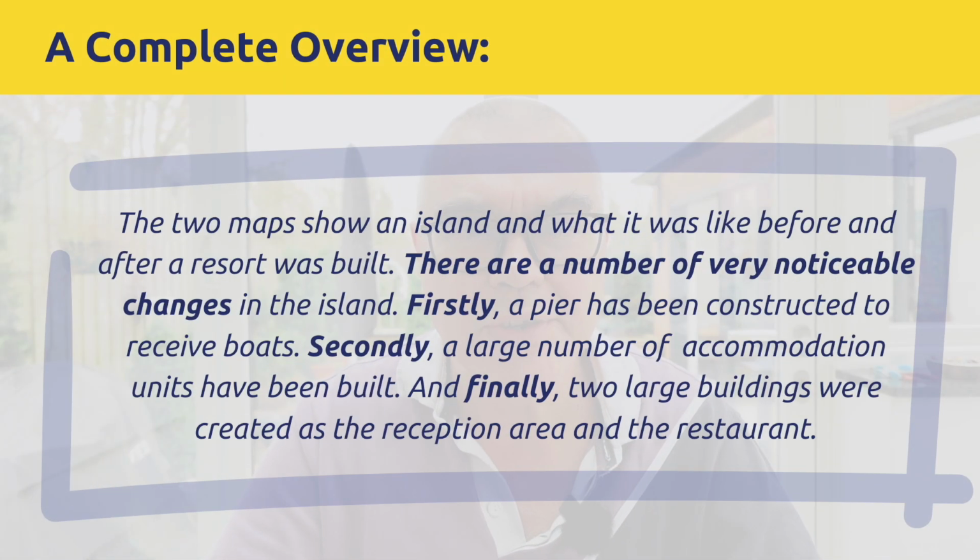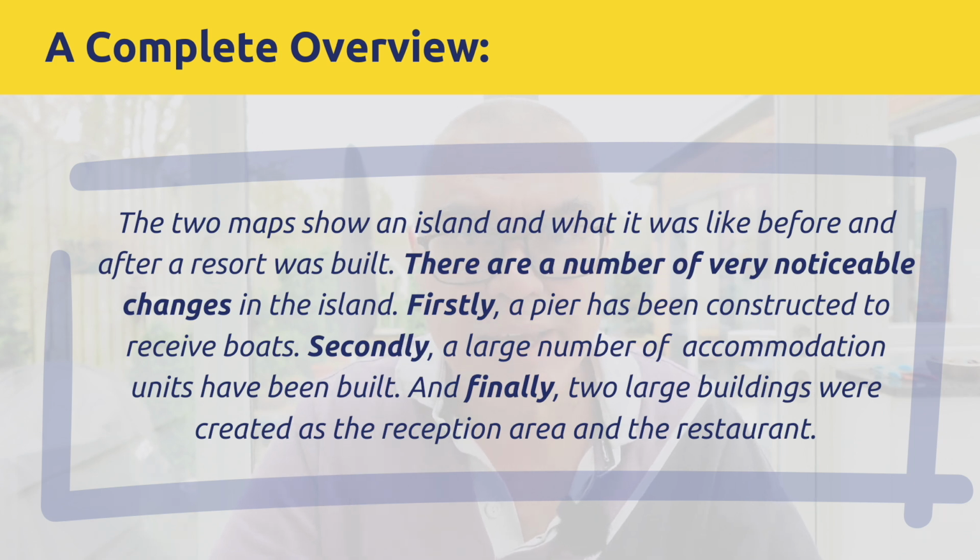Let me just give you an overview that could be written for this example question following these strategies that I've described. The 2 maps show an island and what it was like before and after a resort was built. There are a number of very noticeable changes in the island.